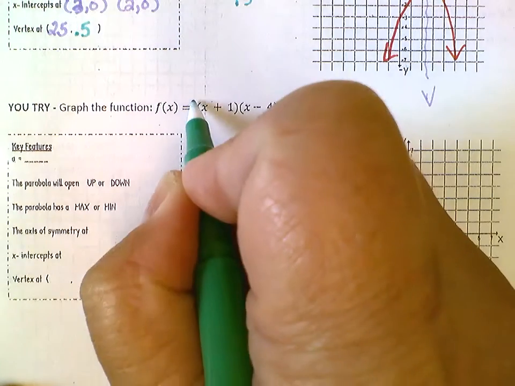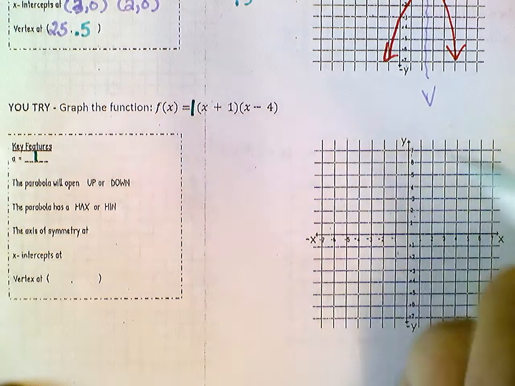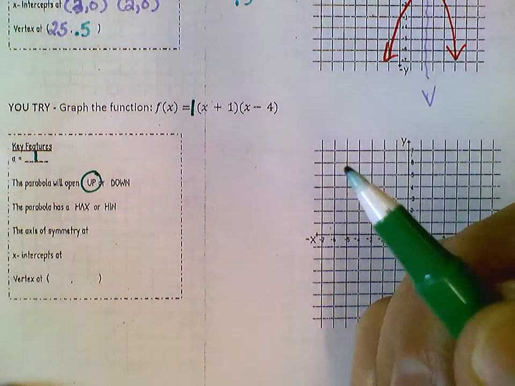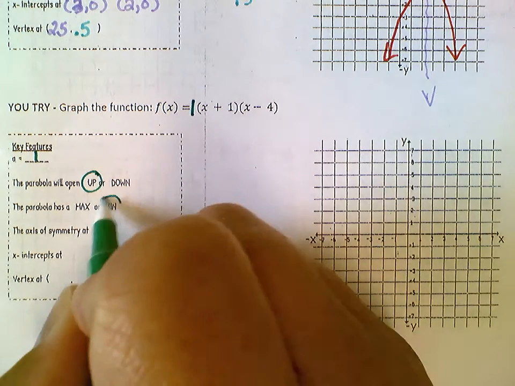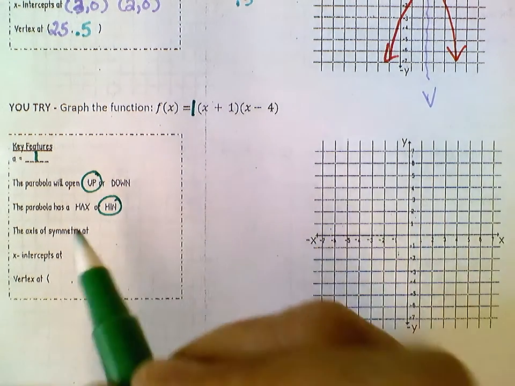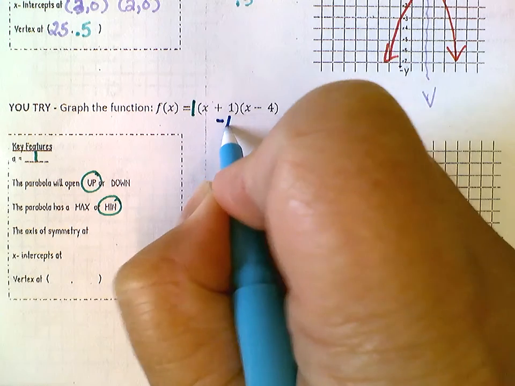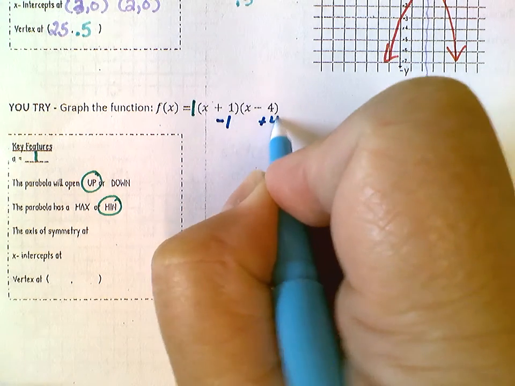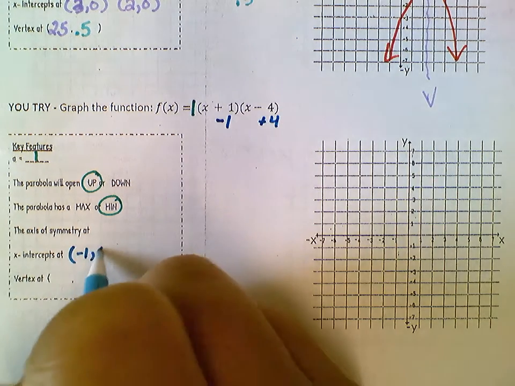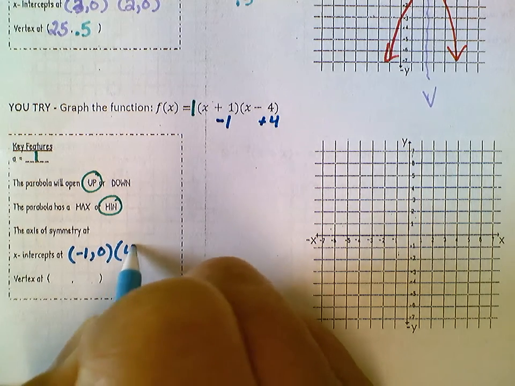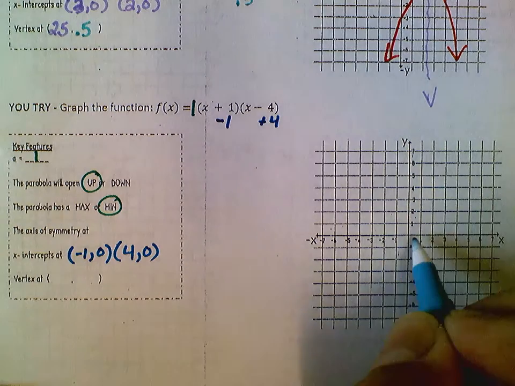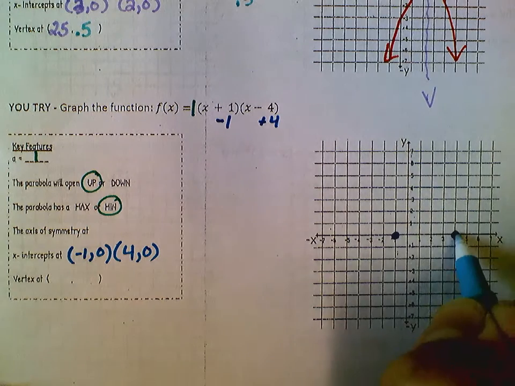All right, so my a is 1. It's positive, so my parabola opens up, which means my parabola has a minimum. I have an x-intercept at -1 and at +4: (-1, 0) and (4, 0).